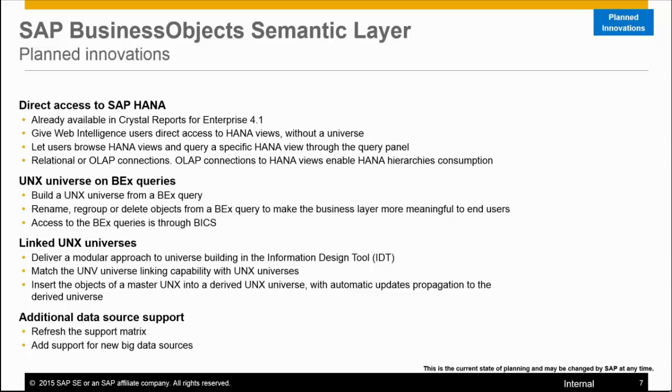So that's going to be a nice enhancement. Crystal Reports for Enterprise actually does that today, so we're just bringing that functionality for Webby as well. And when you get that, you would also get some of those OLAP features that HANA has, such as hierarchies, similar to what you get with BEX queries today.